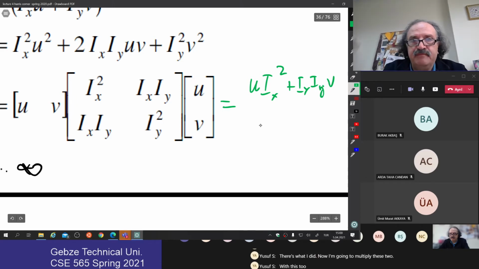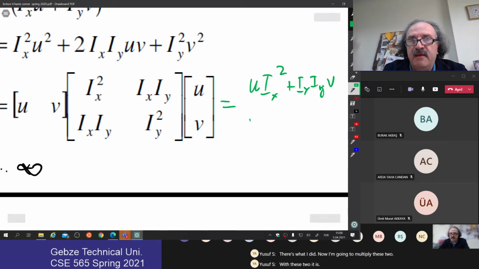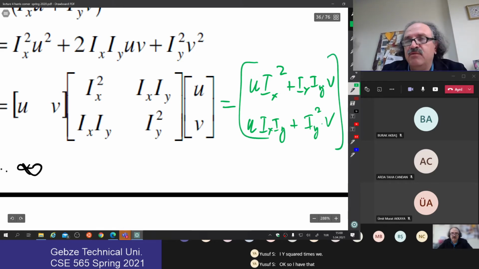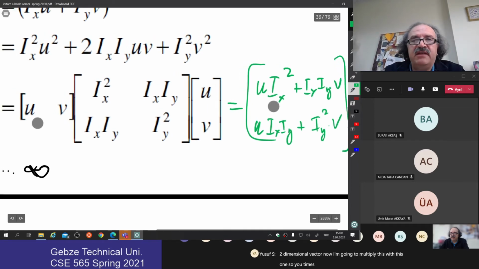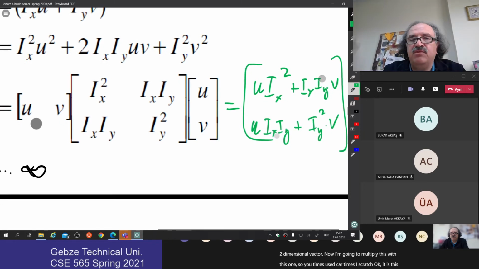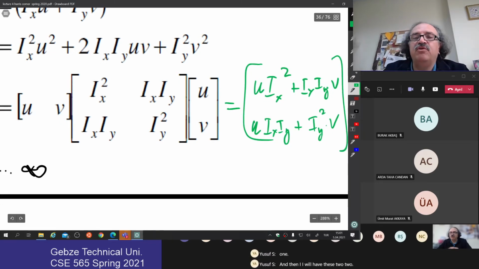It is u times ix iy plus iy squared times v. Okay, so I have a two-dimensional vector. Now I am going to multiply this with this one. So u times u squared times I squared. Okay, it is this one. And then I will have these two. So you know what it is.